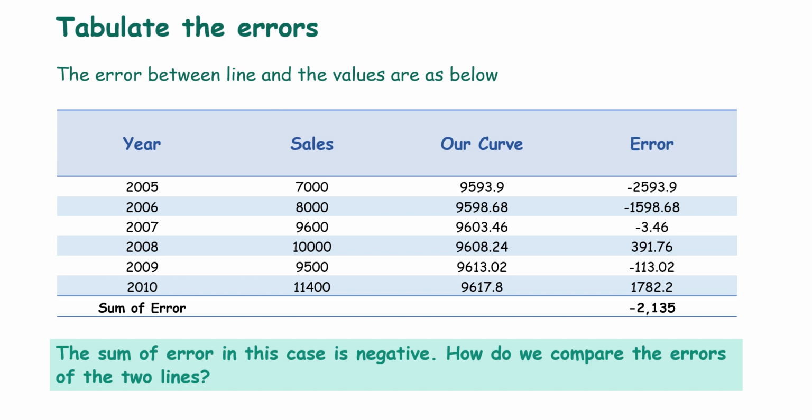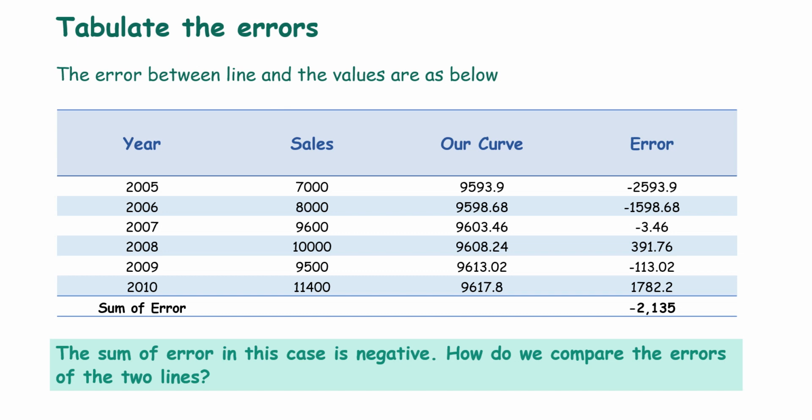If I take the absolute value of the error, which is 2135, and the absolute value of 4500, this line seems to have the least error compared to the other. So a negative number and a positive number comparison has to be done in an absolute sense.